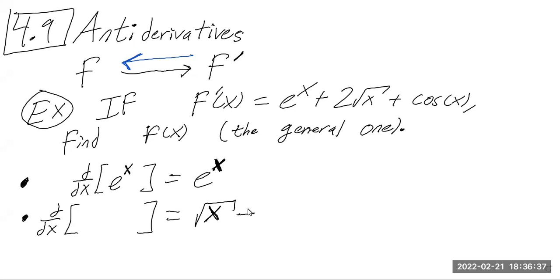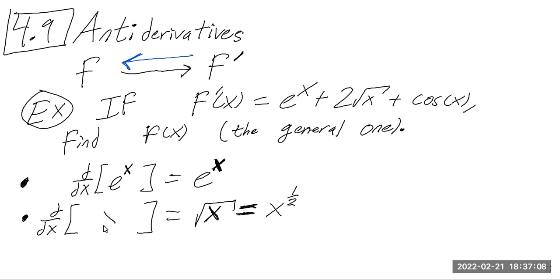Now, something that we should probably make note of is that the square root of x can be written as x to the 1/2 power. To get that as a derivative, you had to have had a higher power, because the power rule always reduces your power by 1. Okay, well, if I want to go backwards, I have to add back on that 1.